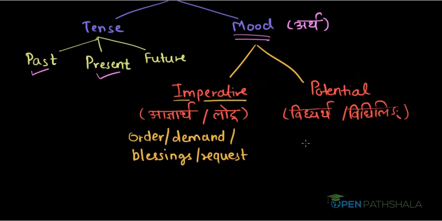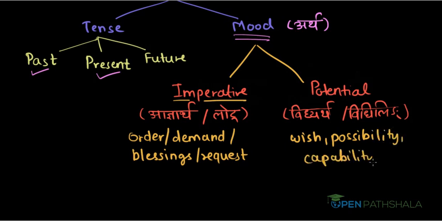In the case of potential mood, wish or possibility or capability, etc. is conveyed. So whenever one wants to convey some wish, possibility or capability, then this potential mood is used.